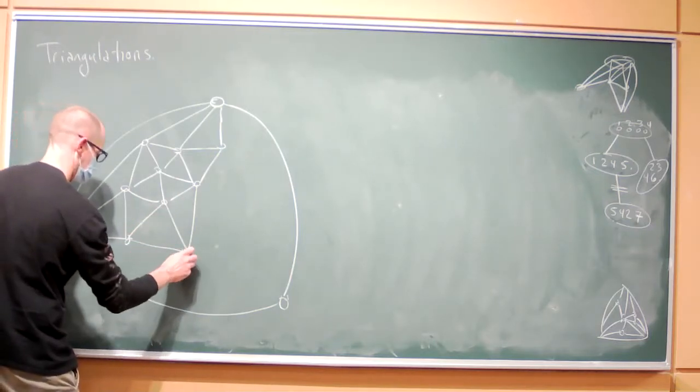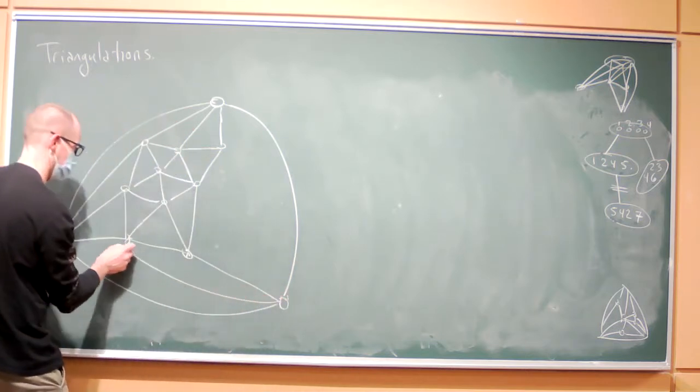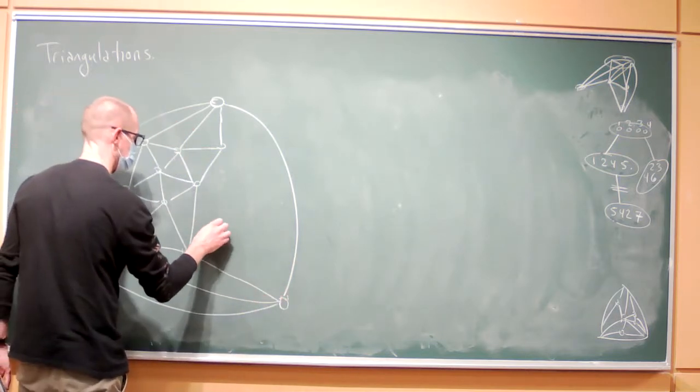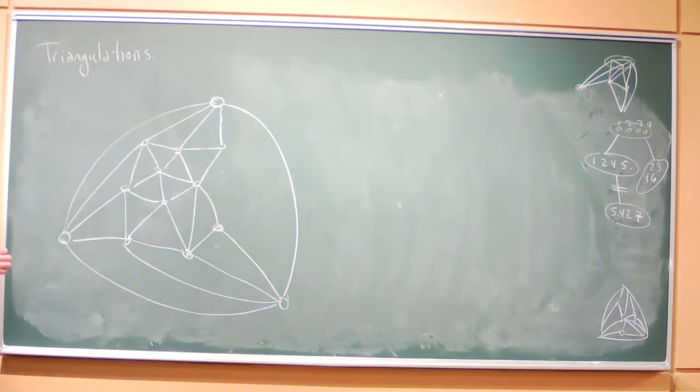They are the edge maximal planar graphs, meaning that it's not possible to add an edge to one of these graphs while maintaining planarity.